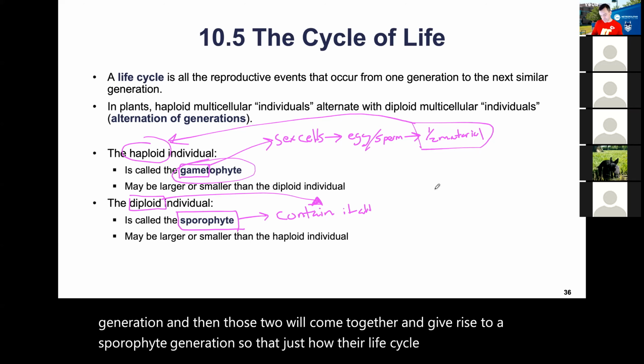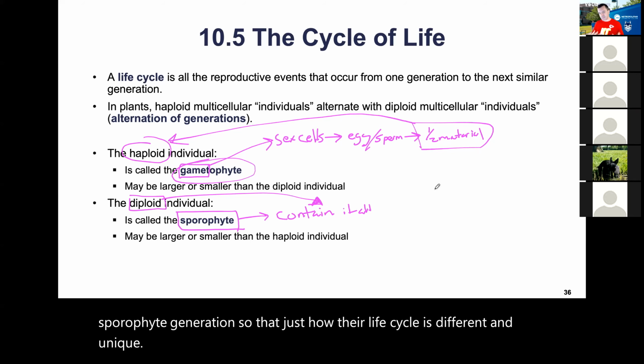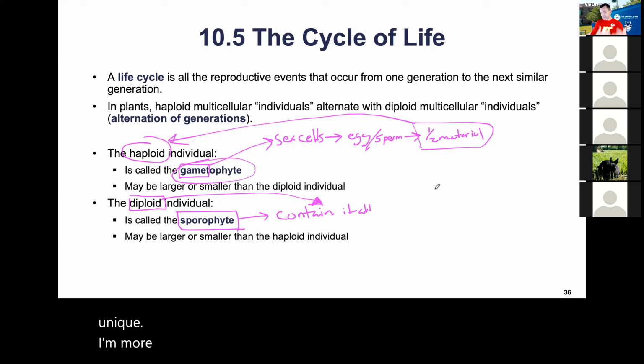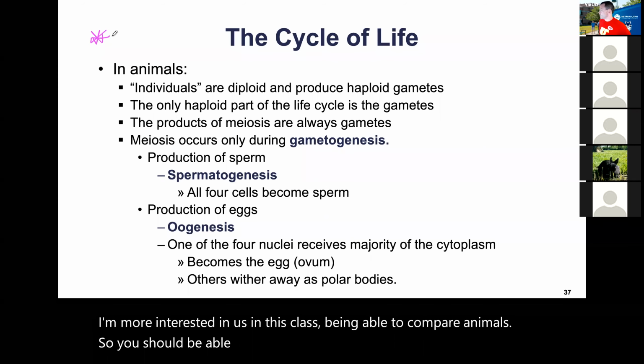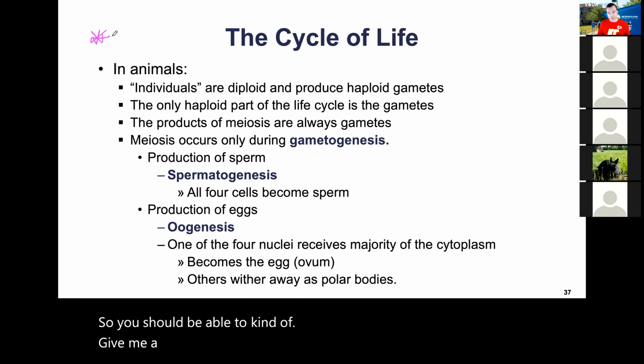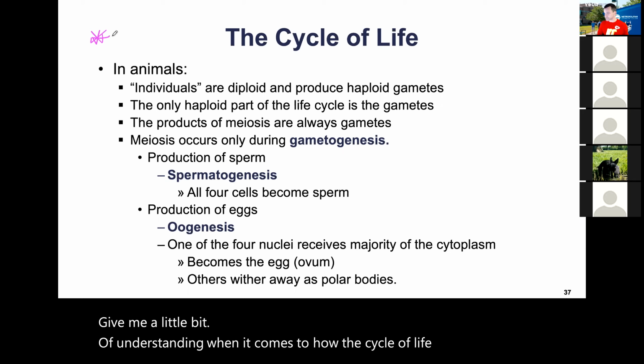Different and unique. I'm more interested in us in this class being able to compare animals. So you should be able to give me a little bit of understanding when it comes to how the cycle of life works in an animal.